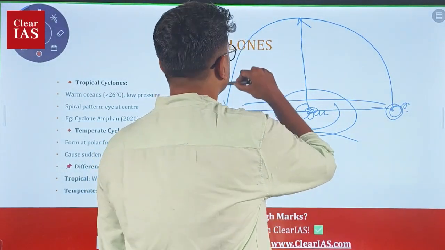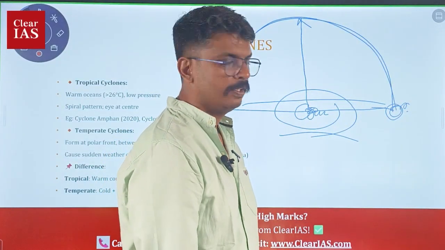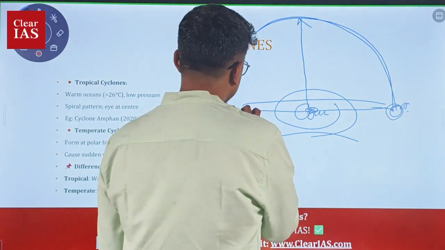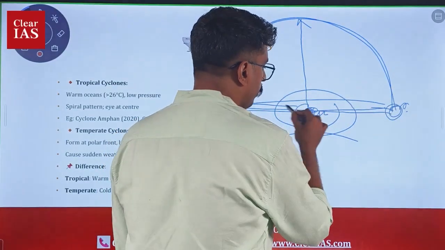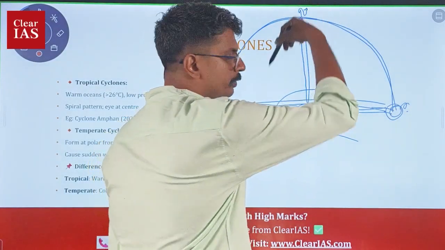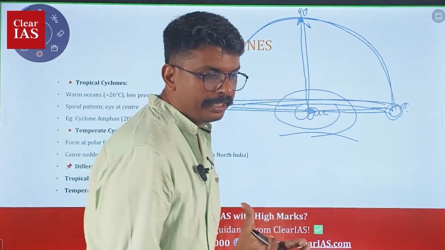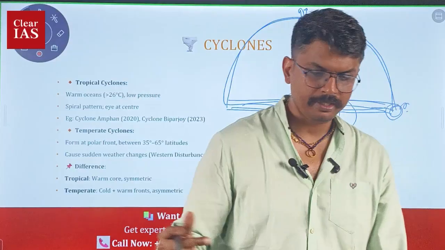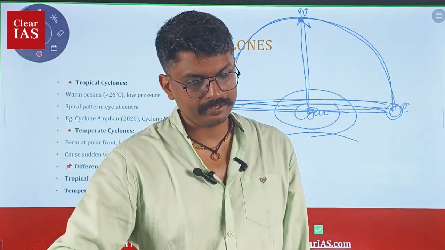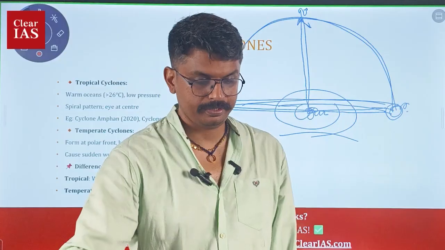This is due to the shape of the earth. So Coriolis force is minimum or 0 near the equator and maximum at the poles. If there is no Coriolis force, there can be no rotational movement, and that is one reason why cyclones are absent near the equator.